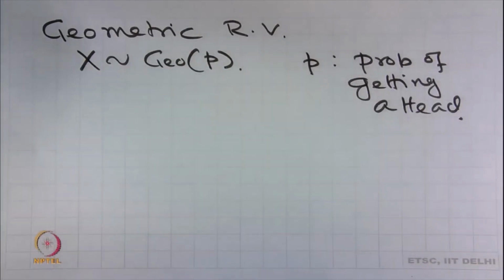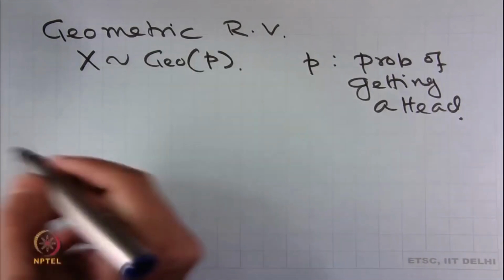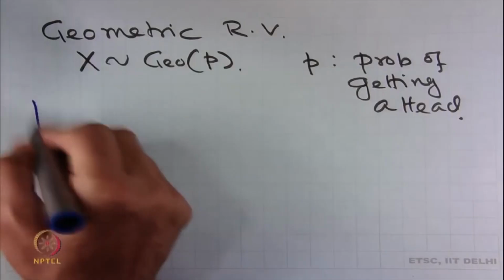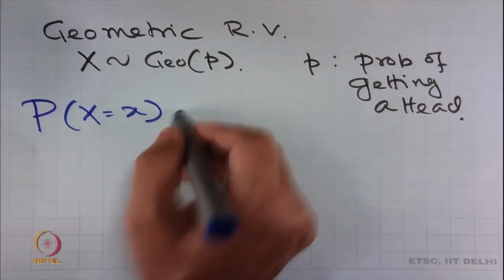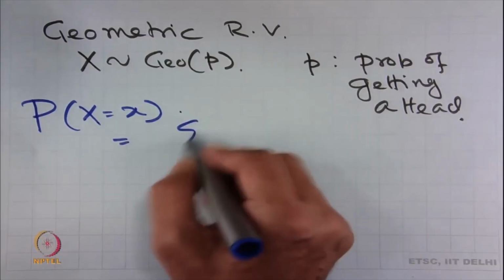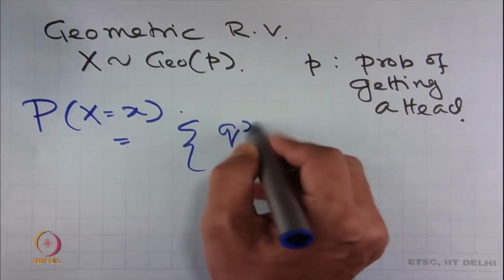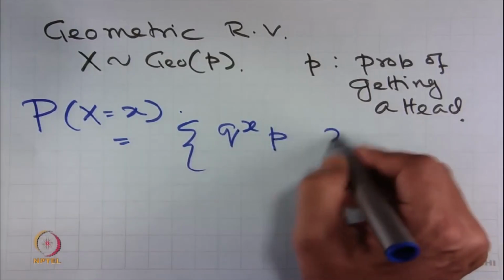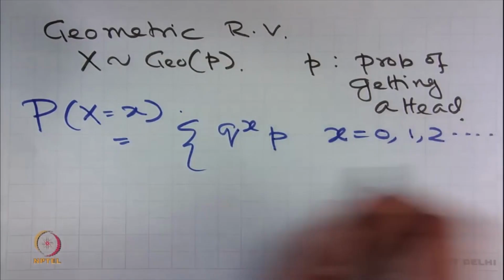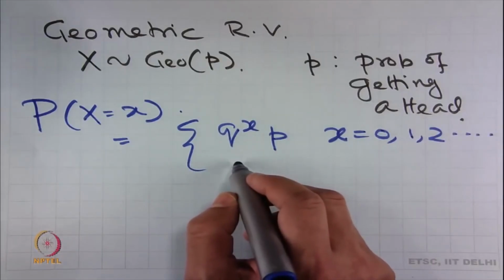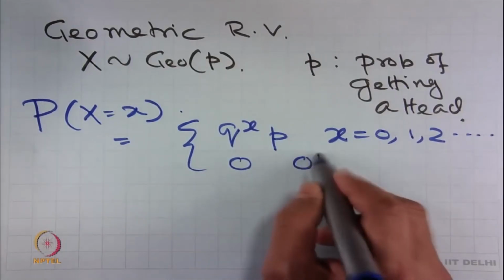So, in geometric random variable, we want to study how much one has to wait to get one head. So, probability x is equal to x is equal to q to the power x into p, where x is equal to 0, 1, 2, like that, and it is 0 otherwise.